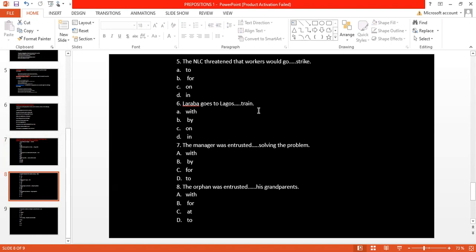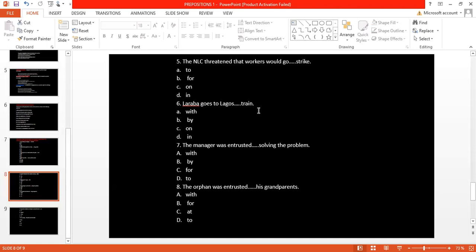All right. Now, when the train is stationed in the park, or is stationed in the train station, when the train is stationary, we can say Lara goes to Lagos on train, or rather in train, because it's right there. It has not moved.